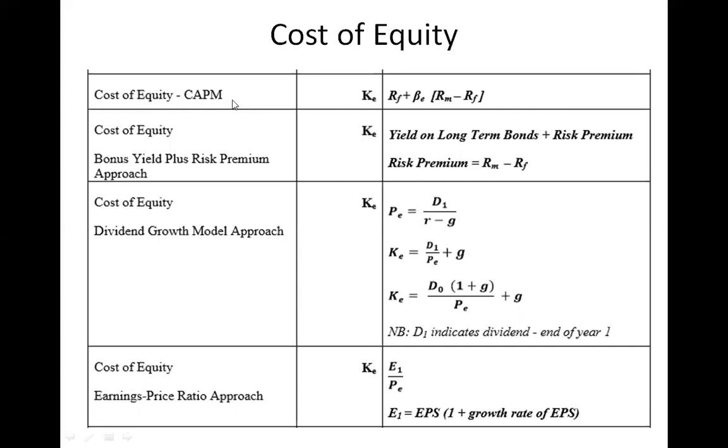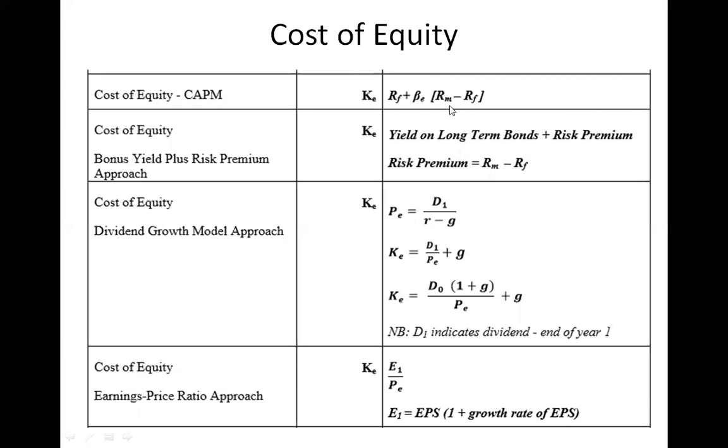Okay, so this model says that KE, again here E represents equity, so cost of equity is equal to RF plus beta E into (RM minus RF). So what is RF? That is risk-free rate of return. Risk-free rate of return plus beta. Beta is nothing but talks about the risk of market, market risk.